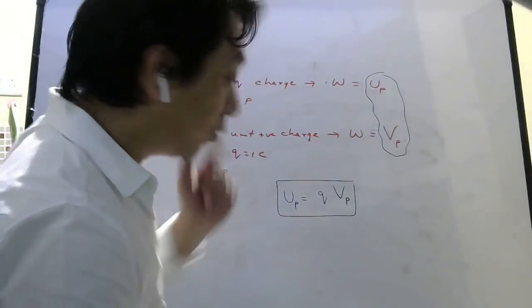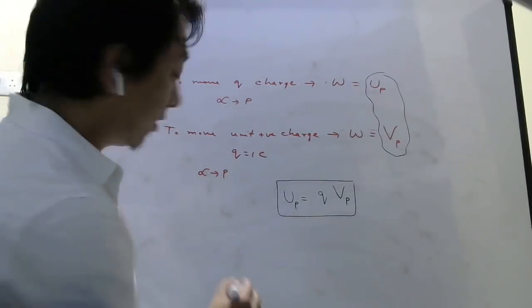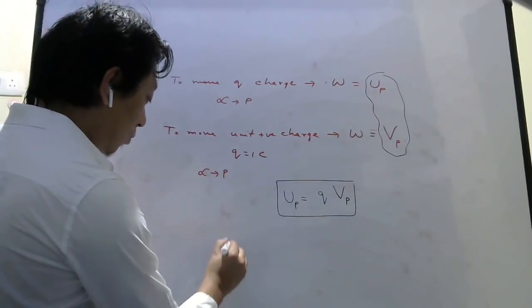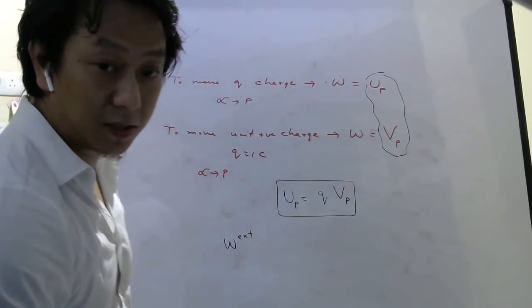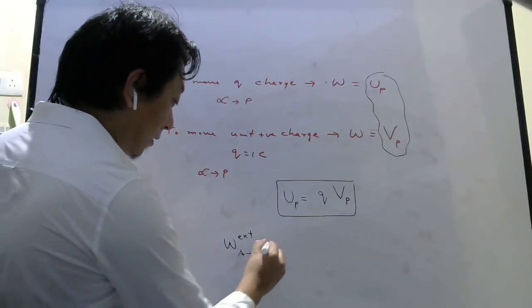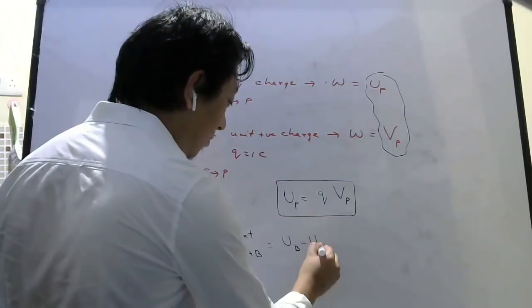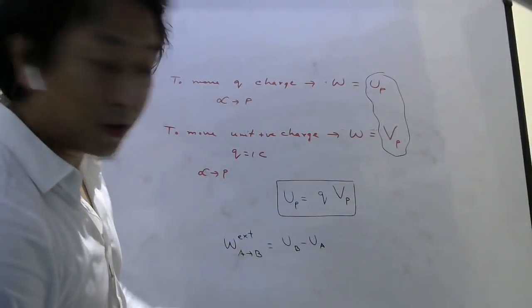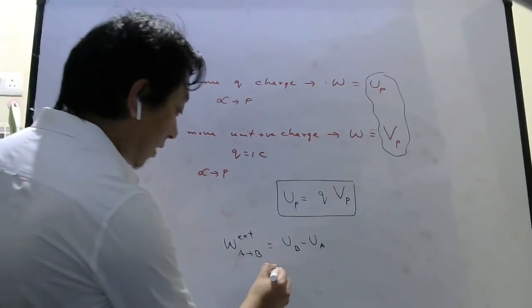Which means if I go back to the definition of change in potential energy. Okay, so if the external force does some work to move the body from A to B, then what did I call this one? Change in potential energy. Remember, no? UB minus UA. Now use this definition here. What can I write?